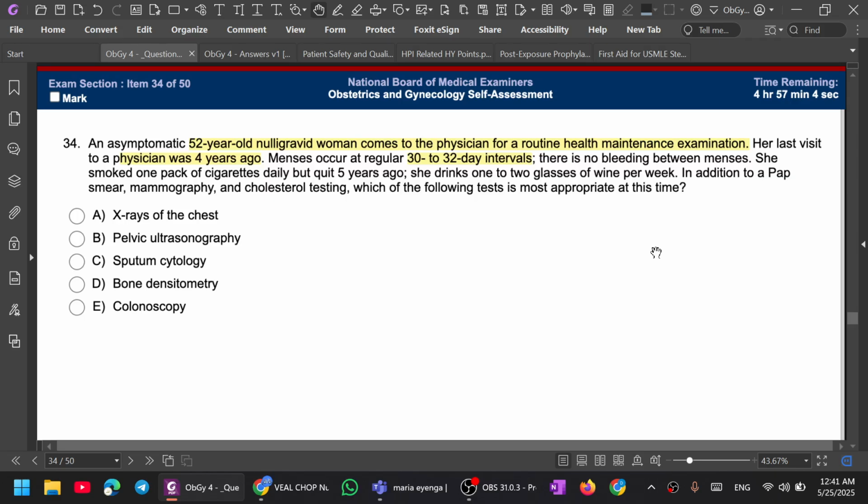There is no bleeding between the menses. She smoked one pack of cigarettes daily but quit 5 years ago. She drinks 1 to 2 glasses of wine per week. In addition to pap smear, mammography, and cholesterol testing, which of the following is most appropriate at this time?